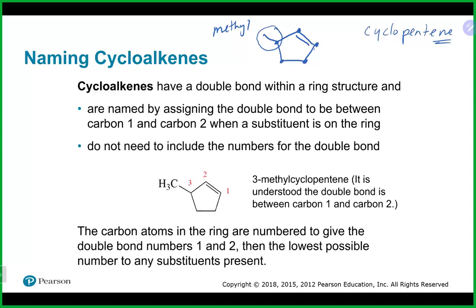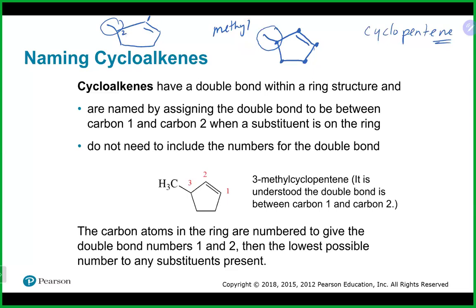So if we look at our options here, now we want to get this group the smallest number, and you may be tempted to go, can I just call that carbon number one and hang a left there, and it's at carbon number two?